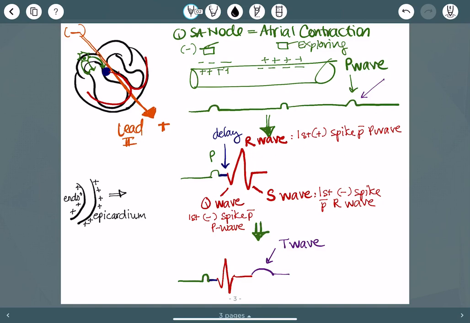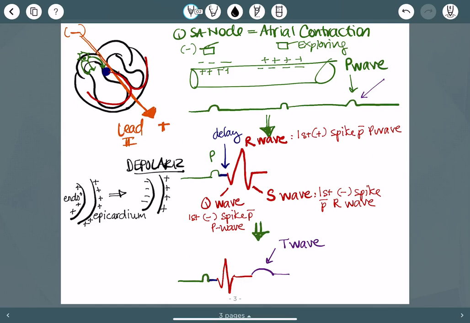When depolarization happens, this is the part that should sound like what we've already learned. The endocardium depolarizes first. So it's negative here while it's still positive on the outside as that wave spreads, and that gives us our positive deflection.